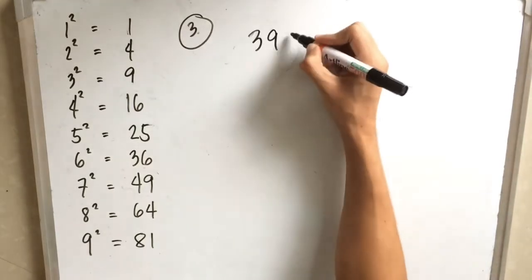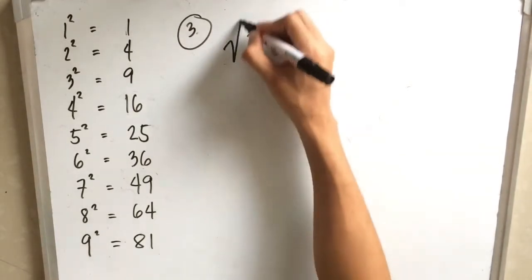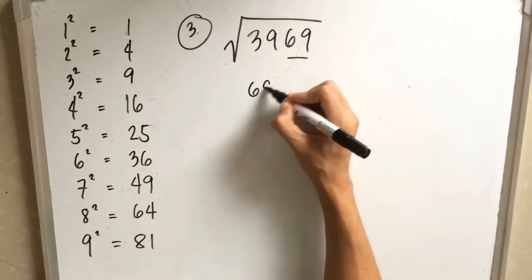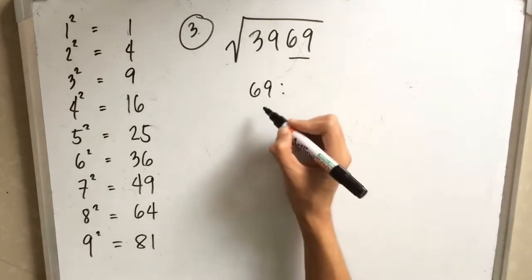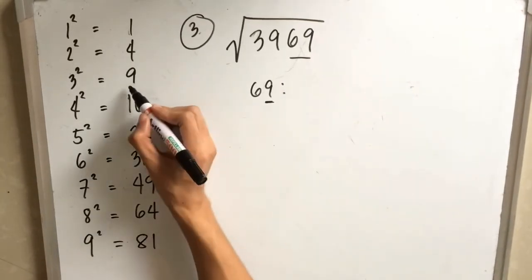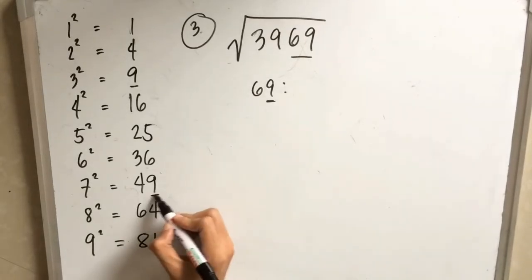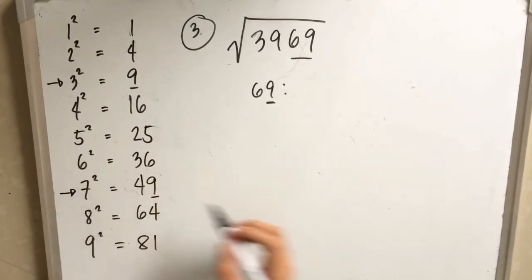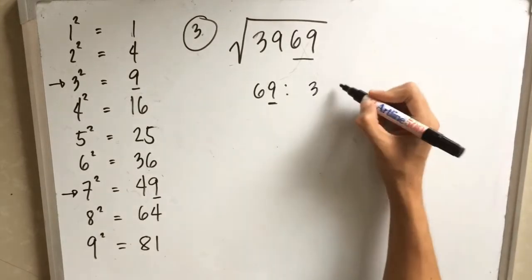It's easy, right? For example, the square root of 3969. So taking the last 2 digits, 69. So it's 9 as the last digit. So looking for the squares having 9 as the last digit, it's 7 and 3. So it's 3 or 7.